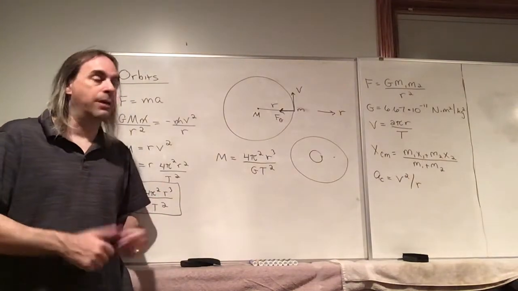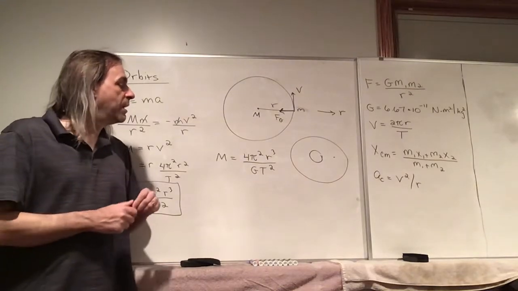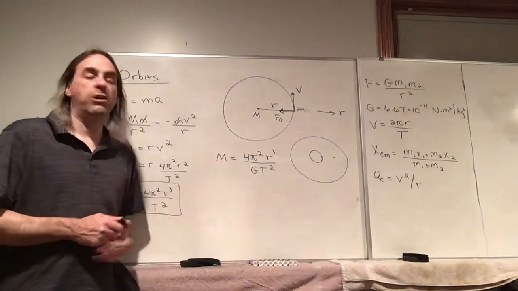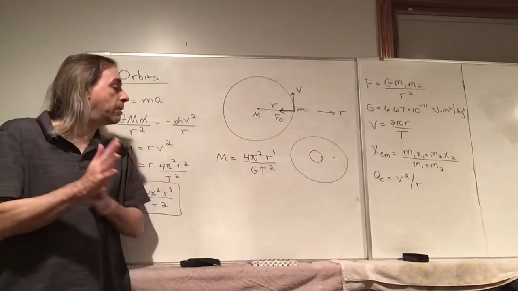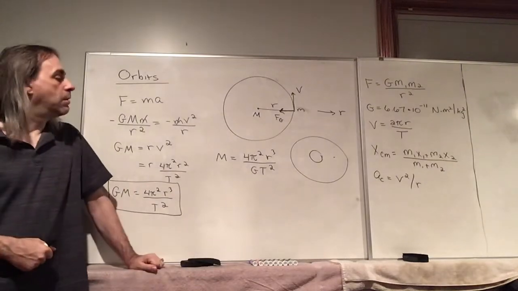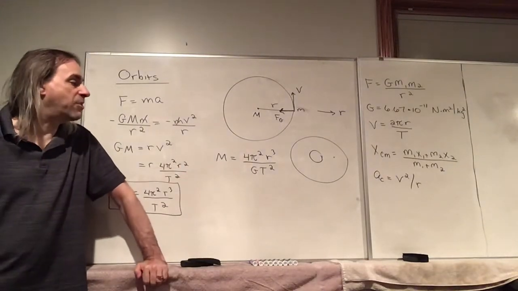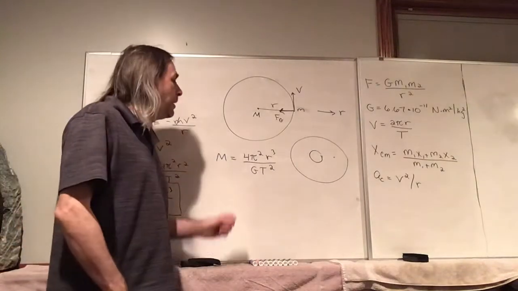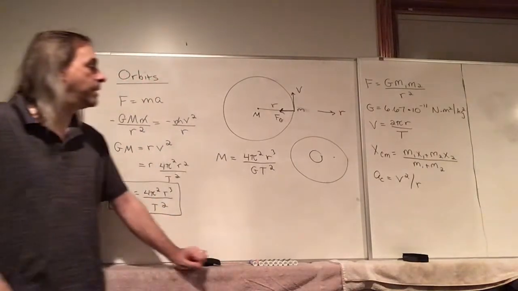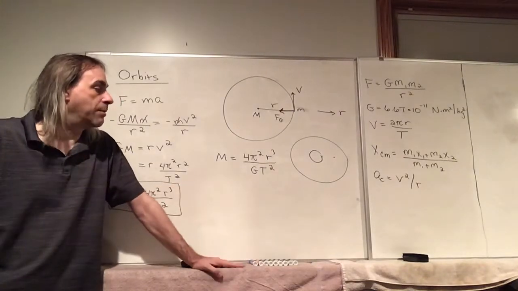Earth is a lot bigger, but still, we have a very large moon. So we'd probably want to be a little more careful if we wanted to accurately determine the mass of the Earth. This would actually work fairly well, but there could be a slight error, at least by not taking the center of mass into account. But yeah, this is a very important tool for astronomers.